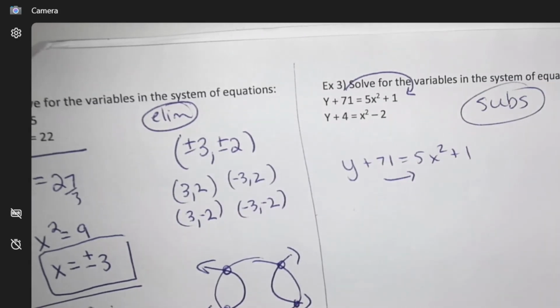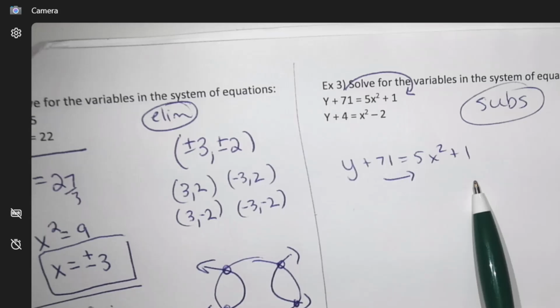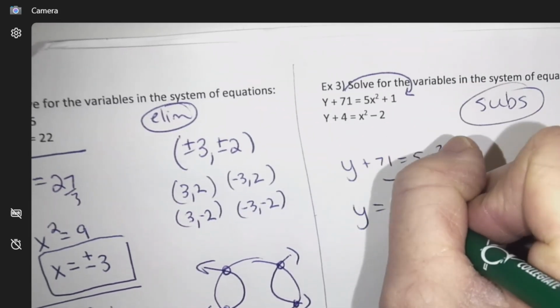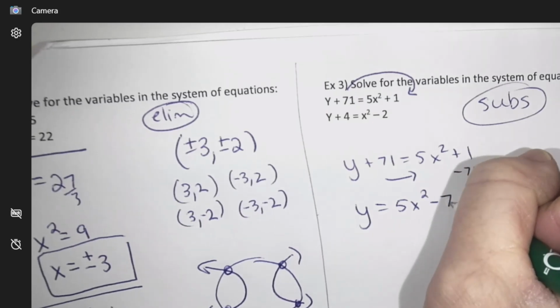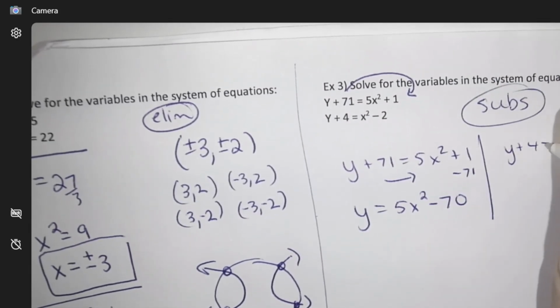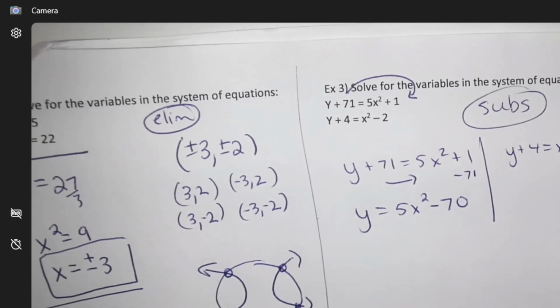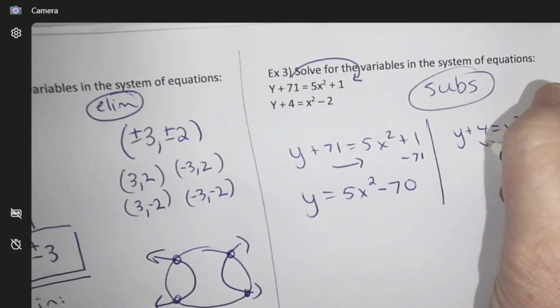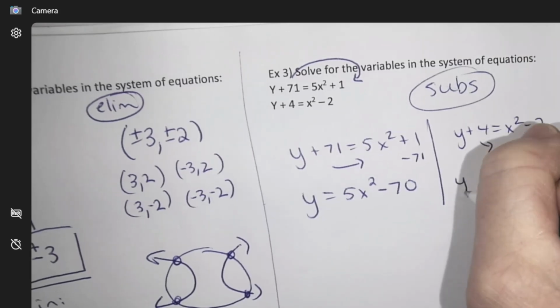I'm going to just change these equations. Why would we not maybe move this 70 over? Is that okay? Minusing 70. I'm also going to do that here. I'm going to revamp this.